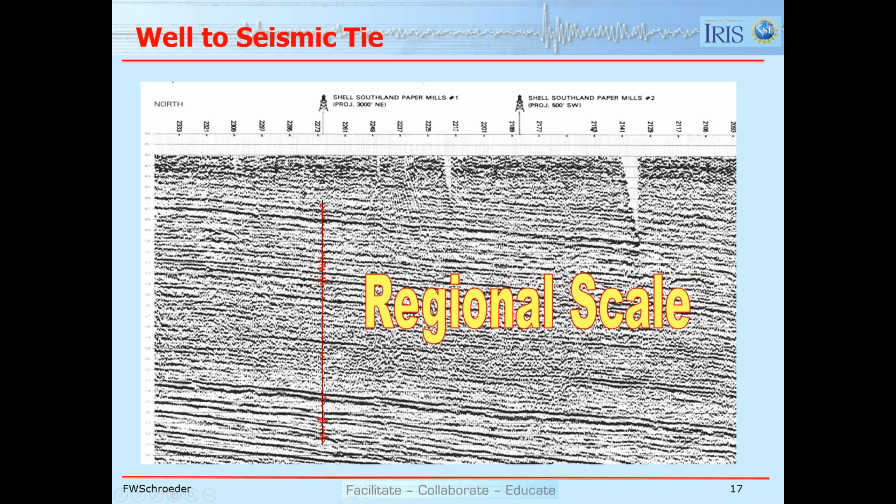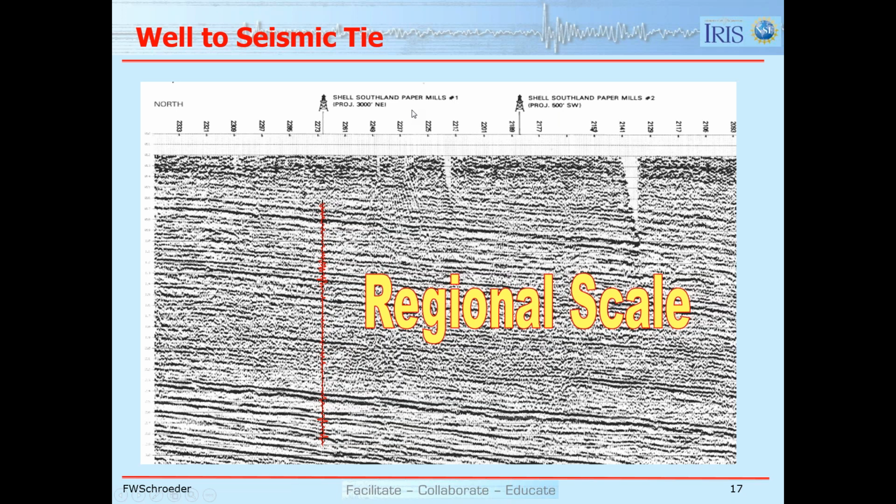So on this slide, you can see that this well is not on the line. It's been projected 3,000 feet. And this well is being projected 500 feet to get to the seismic line. So these are the distances that we sometimes have to do, half a mile to maybe even a mile, to project the well into the seismic line.